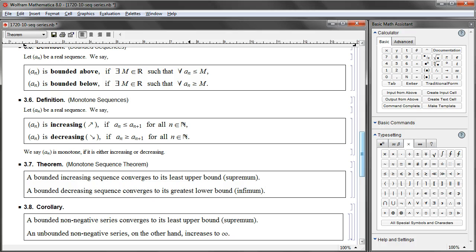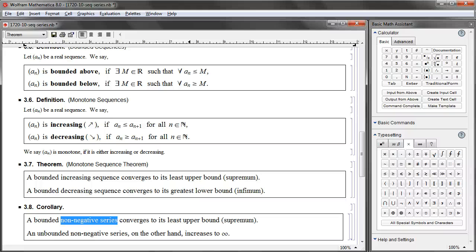Now let's talk about some corollaries. We talked about sequences, increasing and decreasing sequences. What if we consider series? If we have a non-negative series, then the sequence of partial sums must be increasing because we are adding non-negative numbers.